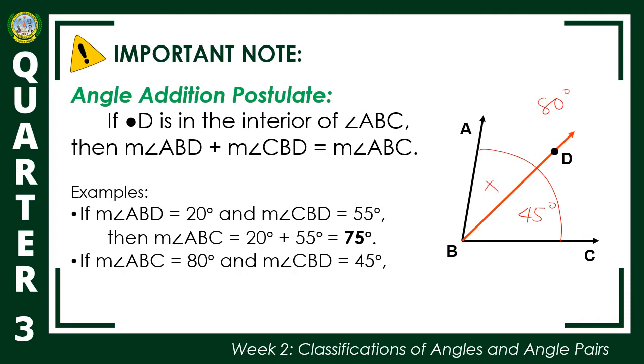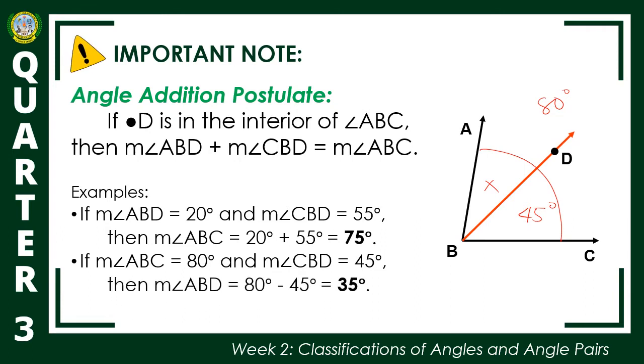Again, as I have said earlier, the whole is the sum of its parts, meaning when we combine the measurement of angle ABD and measurement of angle CBD, we will get 80. Therefore, for us to get that missing number, we are going to subtract 45 from 80.